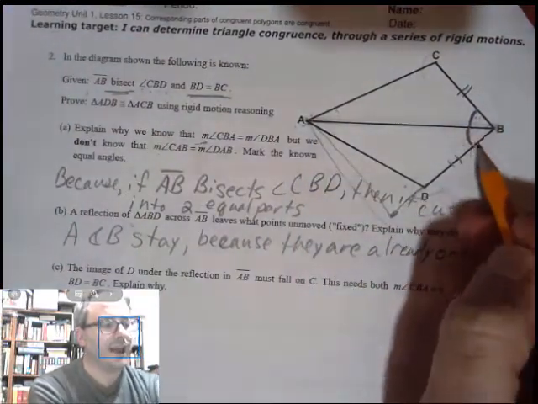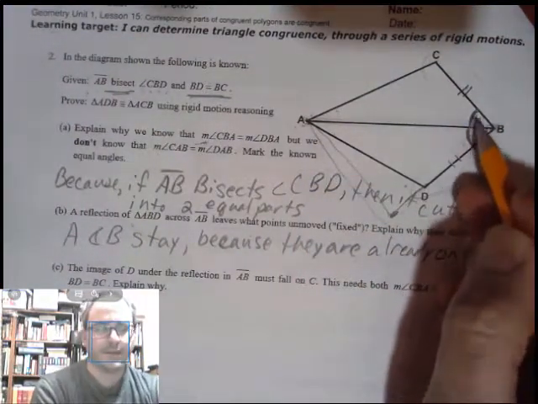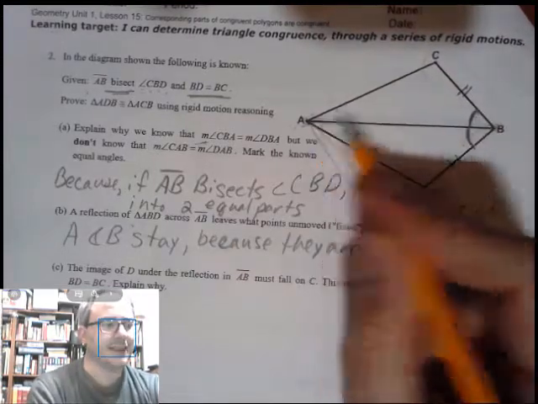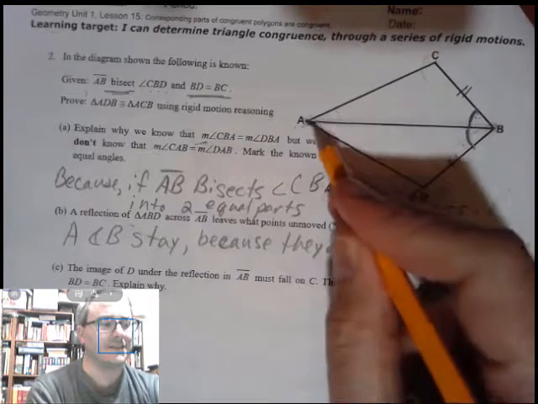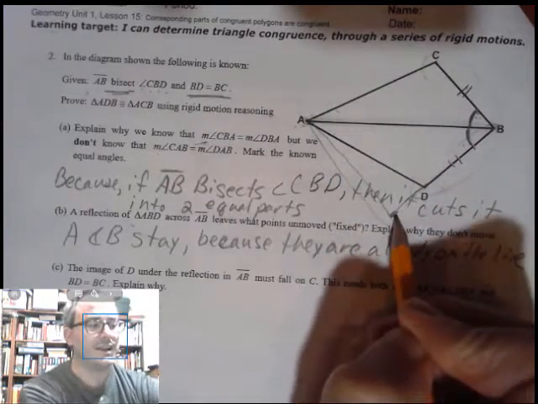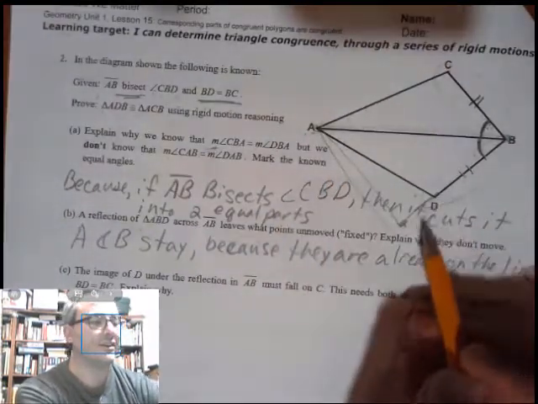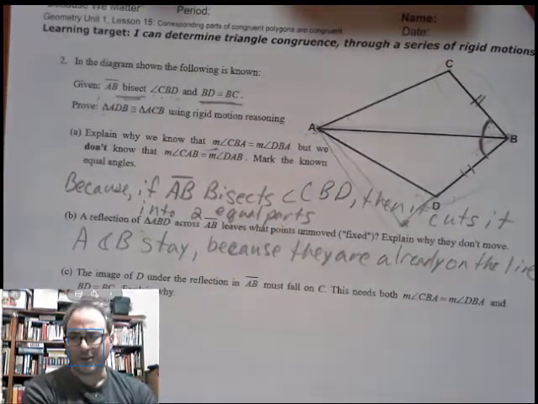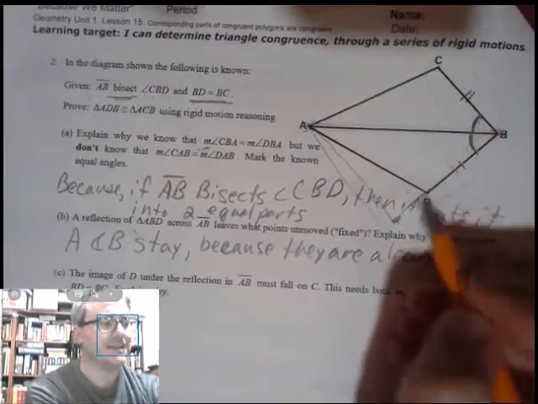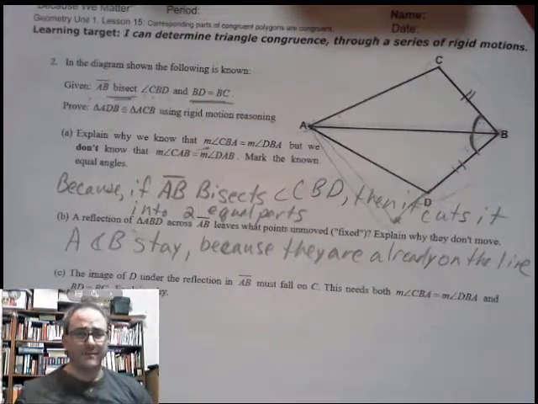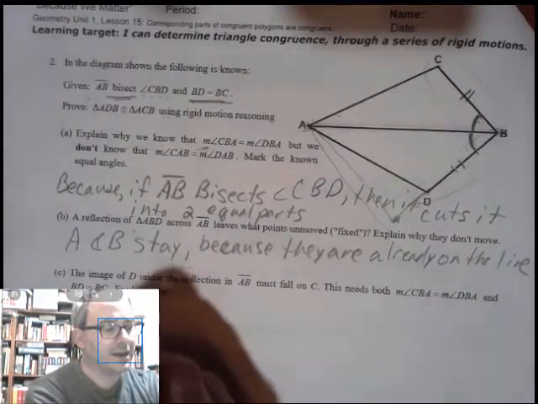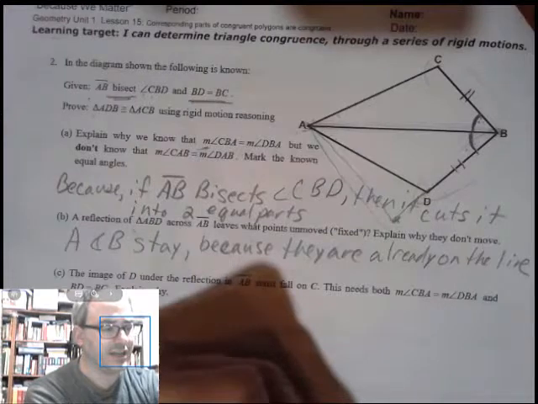These two angles might still be congruent to each other, and this side might be congruent to itself, but unless these two sides are the same, I could move this point out, I'd get a different angle measure here, and these triangles would not be congruent, right? If this piece were longer than that piece, these two triangles would not line up. Their angles would be changing. So it has to be the same, because otherwise the angle measures would change.